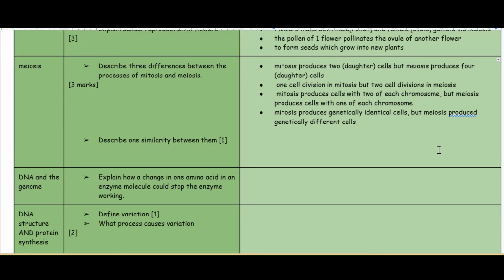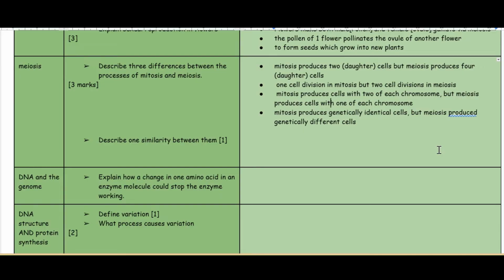Mitosis produces cells with 2 of each chromosome, so the mother and the father, but meiosis produces cells with only 1 of each chromosome, so they're producing the gametes. Mitosis produces genetically identical cells, and meiosis produces genetically different cells.